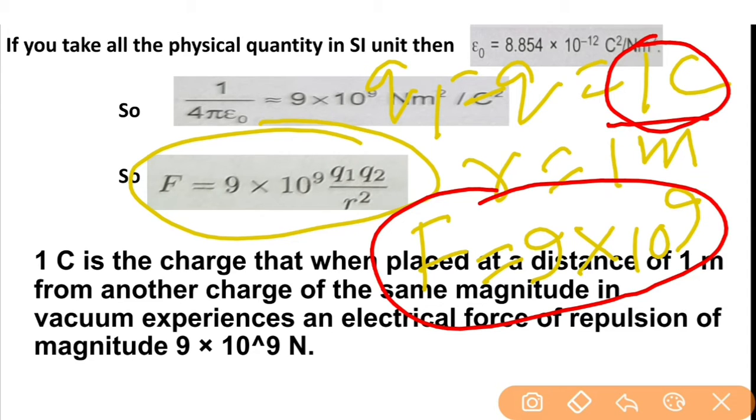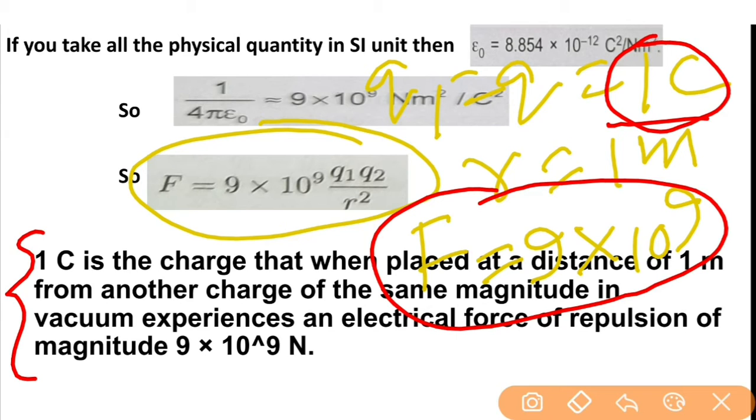So the force of repulsion has magnitude 9 into 10 to the power 9 Newton. This is the definition of 1 Coulomb charge.